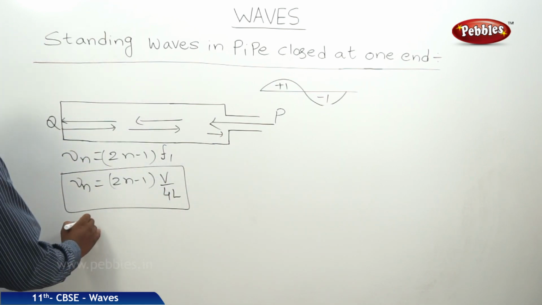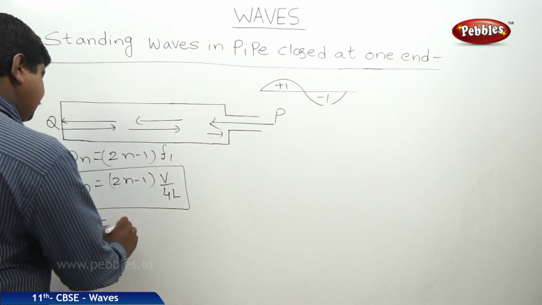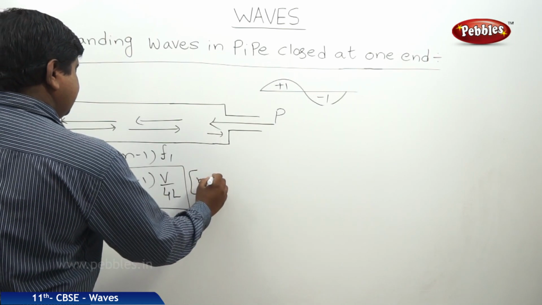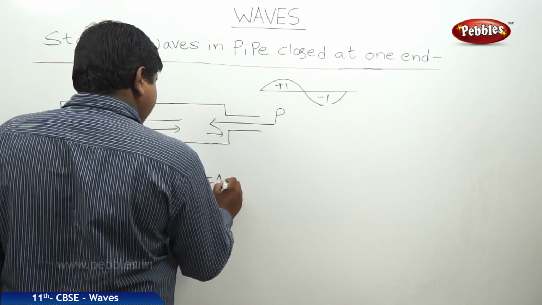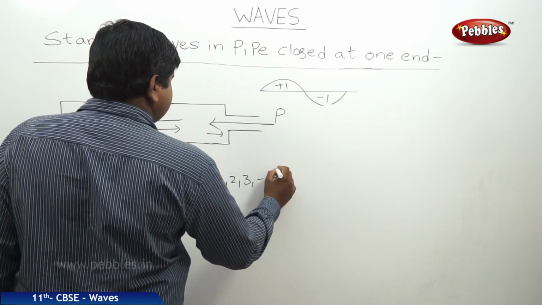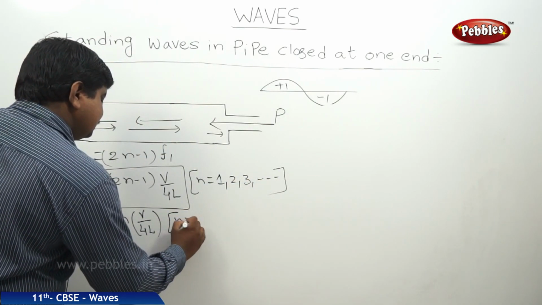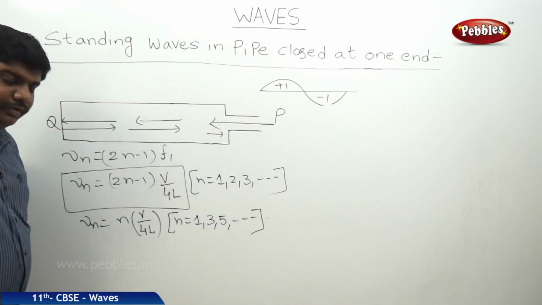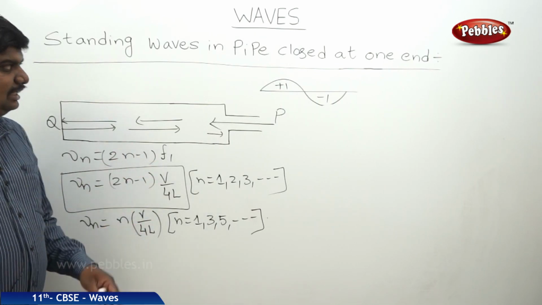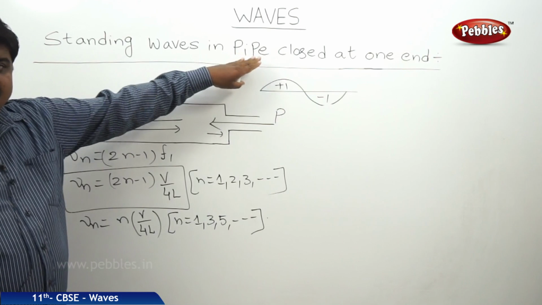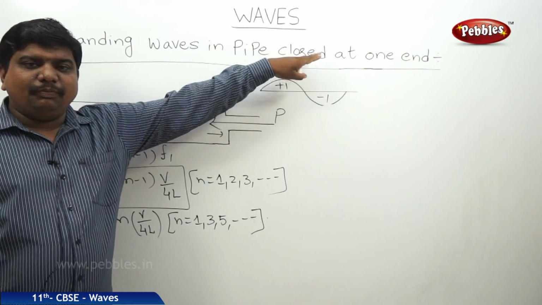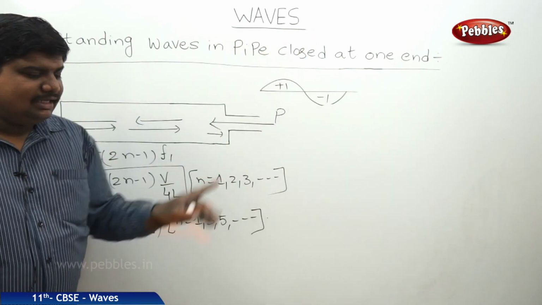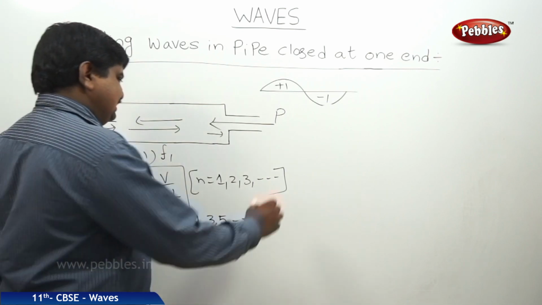This can be written like this also. Nu n is equal to n into V by 4L. Here n is equal to 1, 2, 3, etc. But here n is equal to 1, 3, 5 and etc. From these expressions we can say that the frequencies of an air wave in a one end open pipe, that means the pipe closed at one end, have the ratio of odd frequencies.